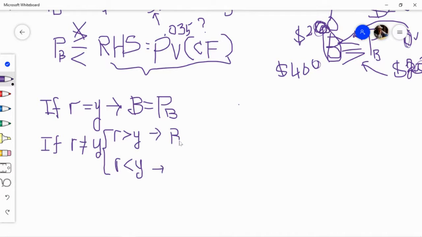Then intrinsic value will be less than the market price, or in the other case, the market price is less than the intrinsic value. So if this is the case, what is this called? It's overvalued.